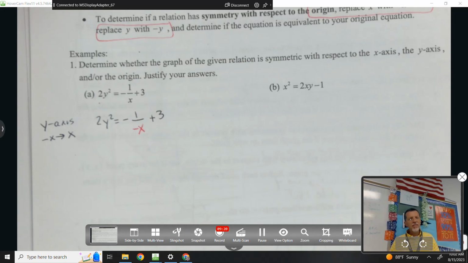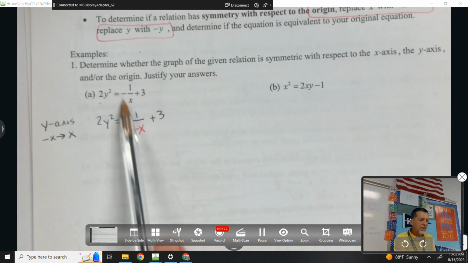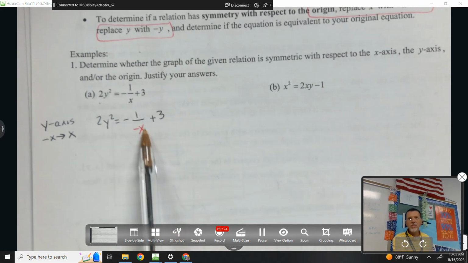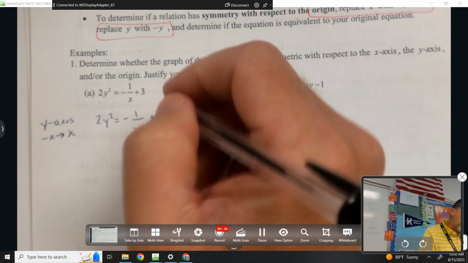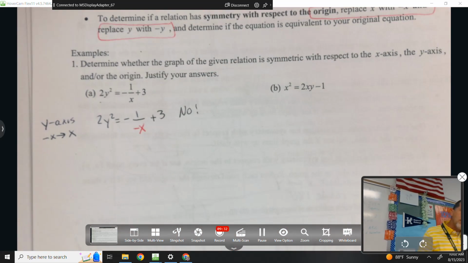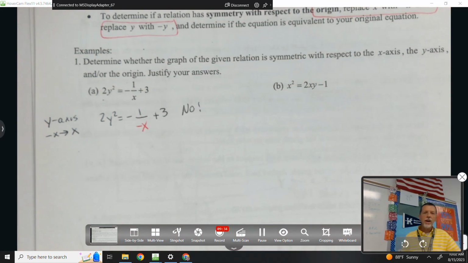Sometimes the answer is obvious and sometimes not. Is this the same thing as our original? No, because that x is now negative, and there was nothing to fix it. So that's a no. Not the same, therefore not y-axis symmetry.